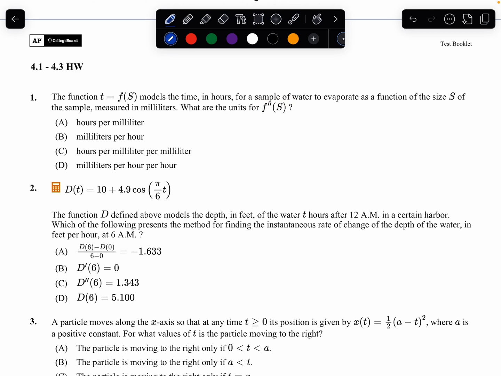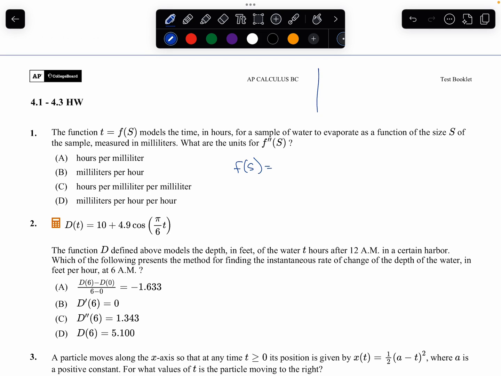So I can say that f of s is measured in, if I were to imagine this as a graph, we would say this is s, and it seems like t, which is equal to f of s, is time in hours.